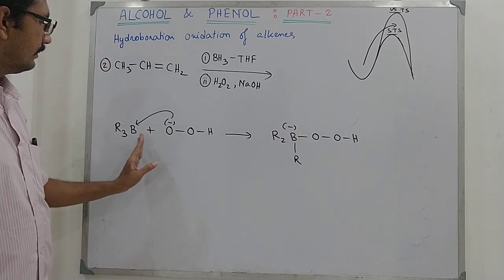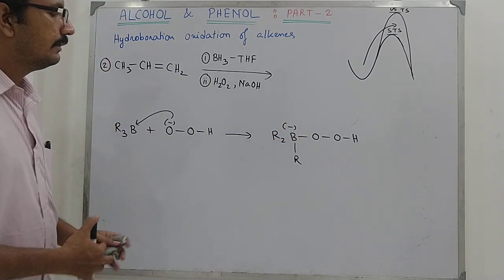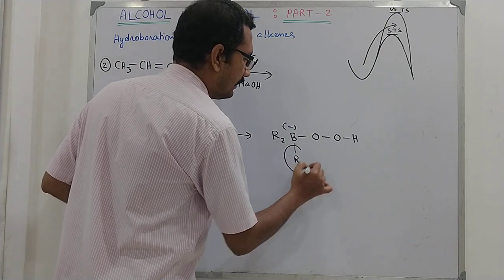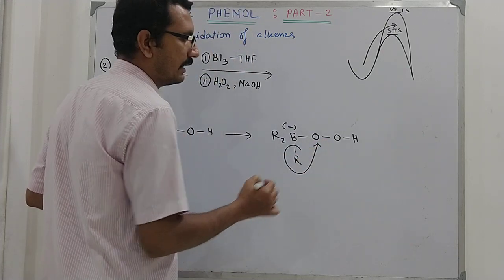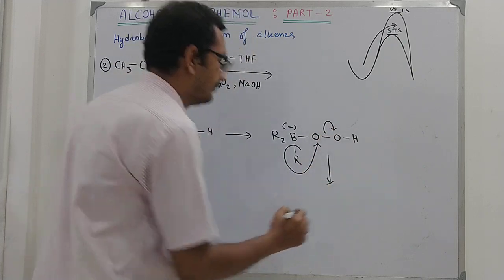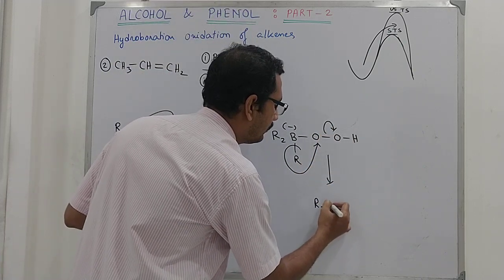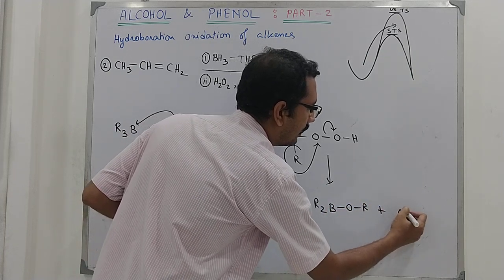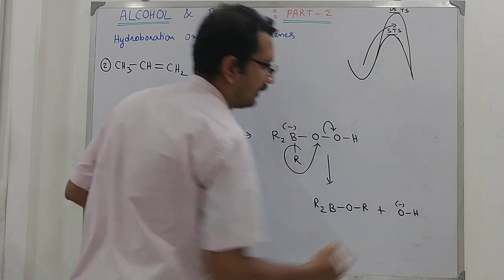This is the Lewis acid base adduct. Now there will be migration of this alkyl group to this oxygen atom, and this will leave the system. So we will have R2B, and it is OR plus OH minus.